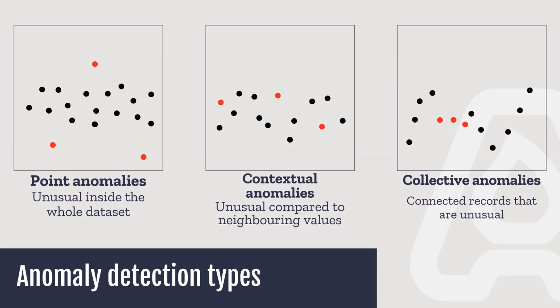And then typically a somewhat retrospective view is collective anomalies. So this is where over time values were unusual, where they didn't fit the expected pattern.